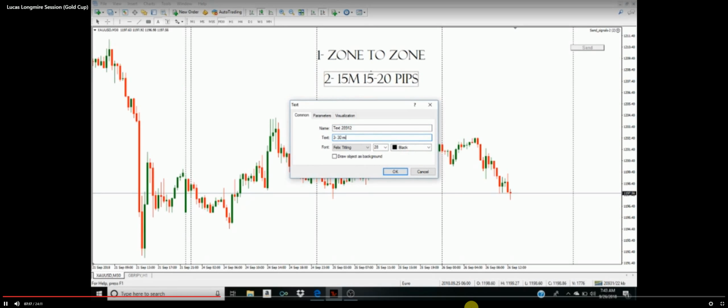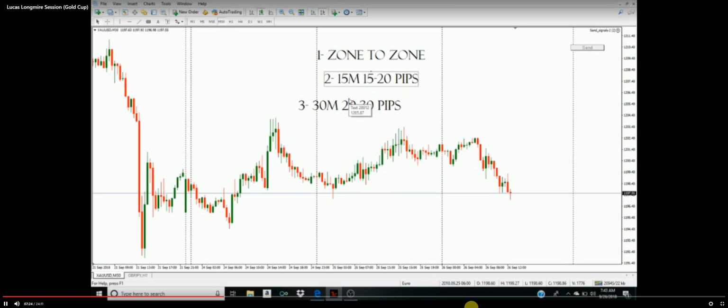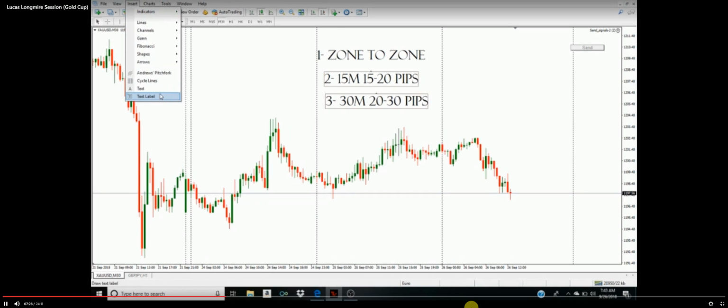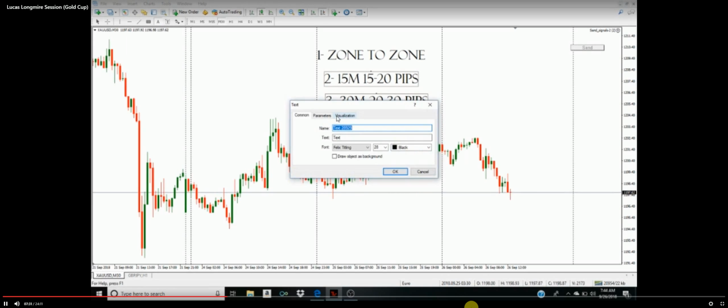On the 30-minute, we're doing about 20 to 30 pips. On the hour, we're doing about 30 to 40 pips.